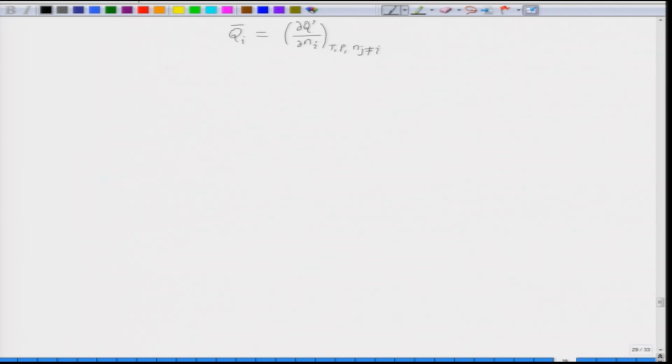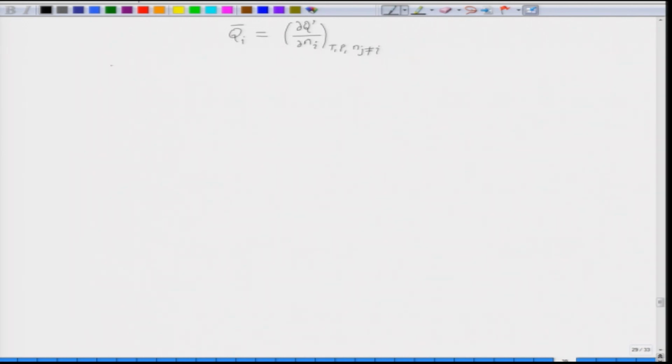Again, this has to be done at constant composition, right, because then Qi bar will also change with composition. So, when we add this 1 mole to the system to define Qi bar, it has to be added to a large amount of the system, so that the addition of 1 mole of i does not change the composition significantly. Okay.